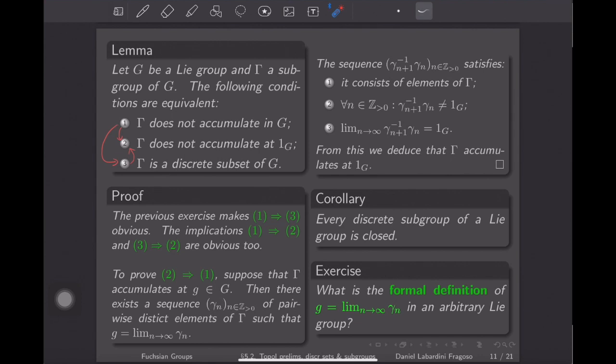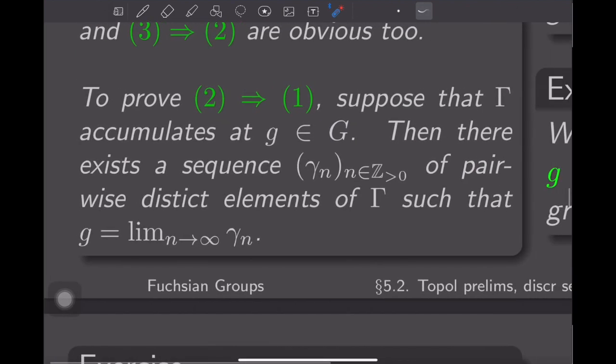But of course, if for each gamma n I multiply it with the inverse of gamma n, then what I obtain is just gamma n inverse gamma n, which is just the identity, and then this sequence is just a constant sequence. So it's not a good sequence for accumulation, right?